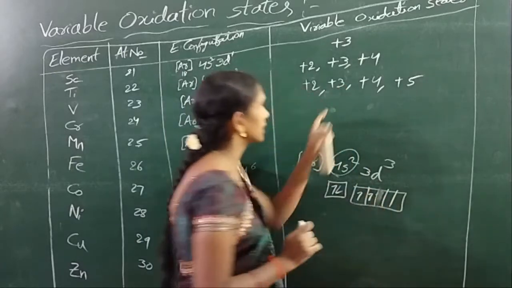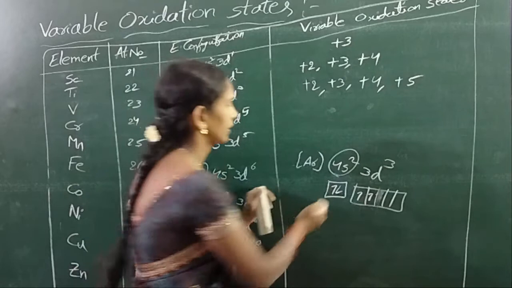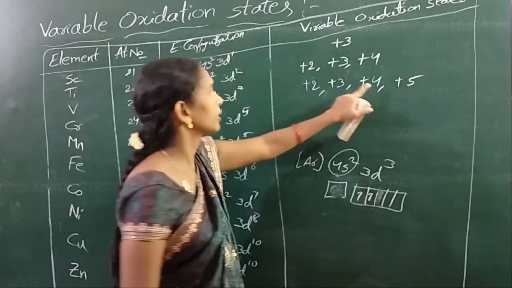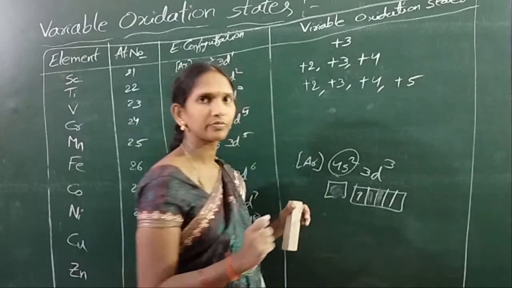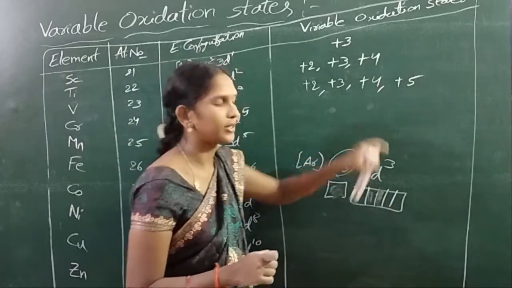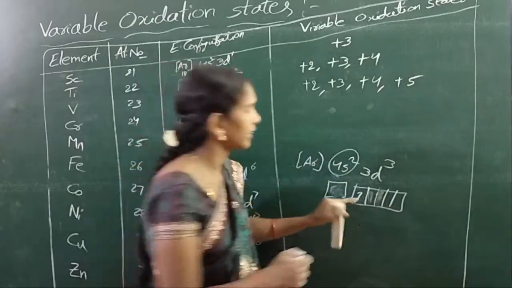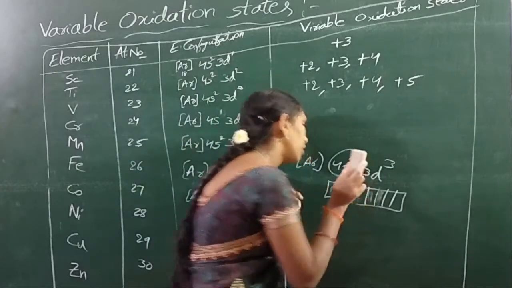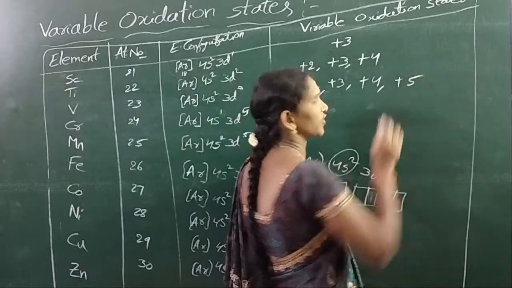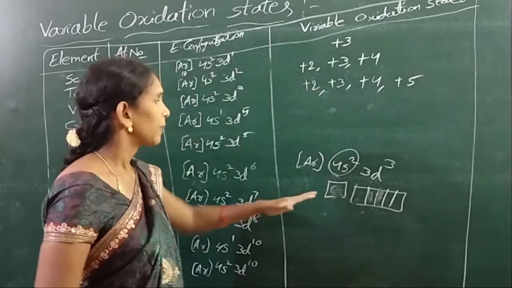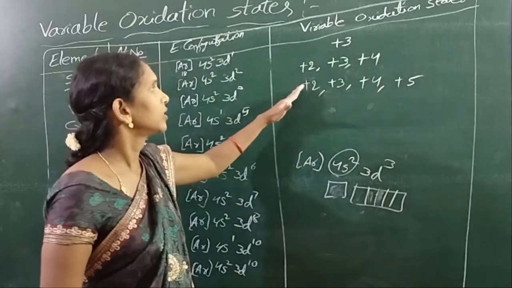So this is plus 3 oxidation state. This also removed. Next, plus 4 means these electrons are also removed, so plus 4 exists, and the remaining 1 electron is present. If we lose this electron, then plus 5 oxidation state exists. We have these chances, I am saying.